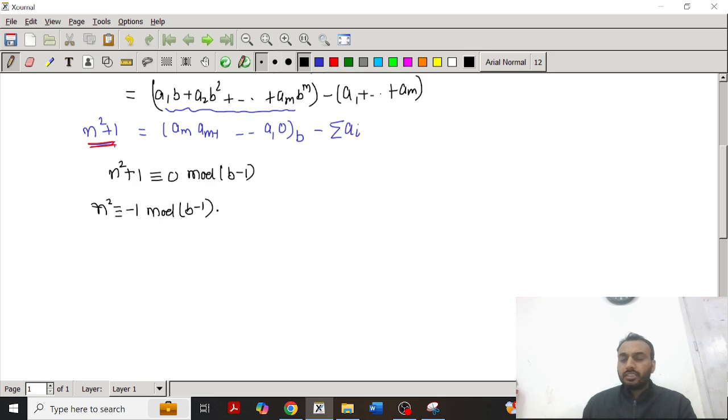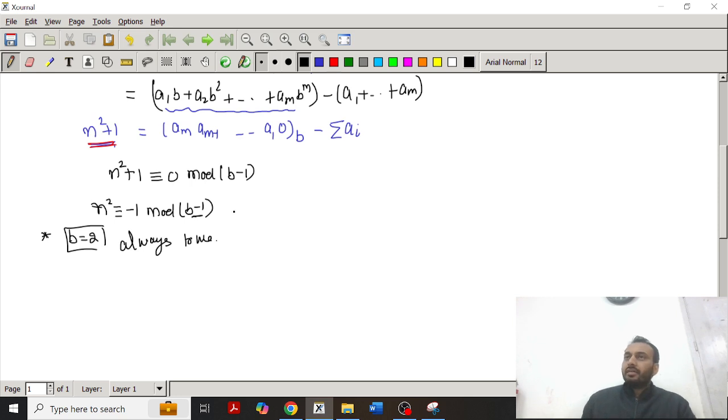Now this condition is always true for b equal to 2. If you put b as 2, it is mod 1, and n square plus 1 is always divisible by 1.